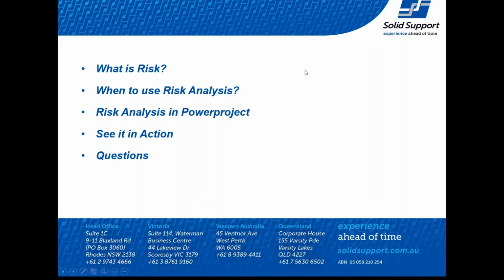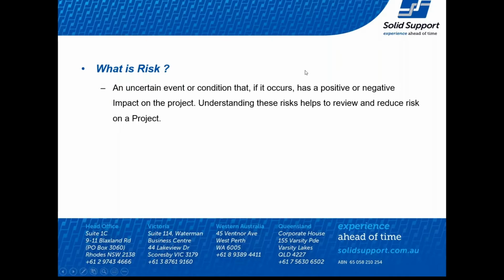The first part we'll look at is what is risk, and this is just a very small definition. If you look around, there are massive definitions about risk in projects, but really it boils down to looking at uncertain events or conditions that, if they occur, can have a positive or negative impact.